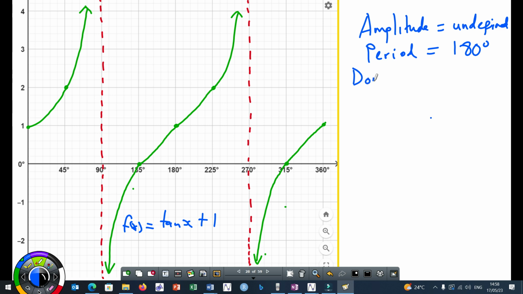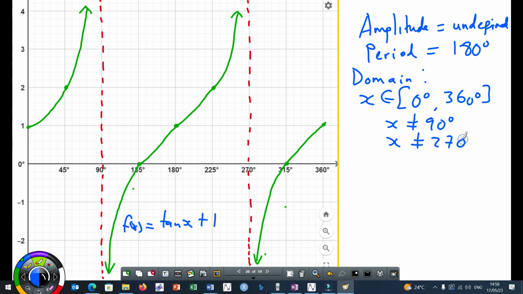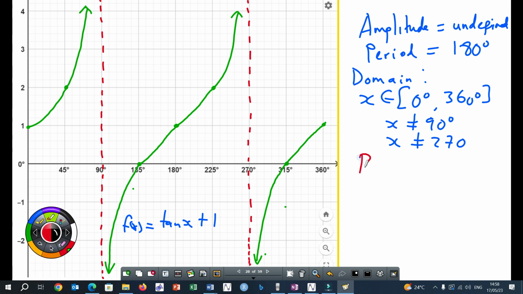Your domain is x is an element of real numbers, but in this case we are starting from 0 degrees up to 360, but x is not equal to 90 and x is not equal to 270. Then your range is y is an element of real numbers. Okay? So this is what we have.